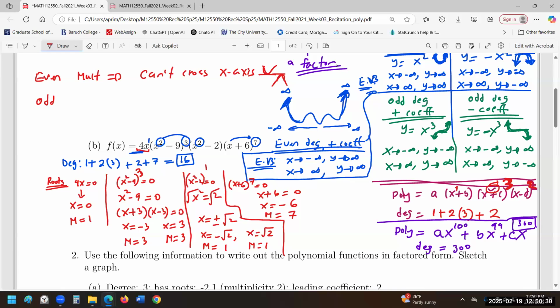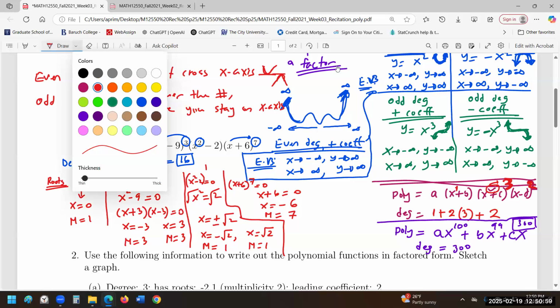And for odd multiplicity, the higher the number, the more you stay on the x-axis. What does that mean?